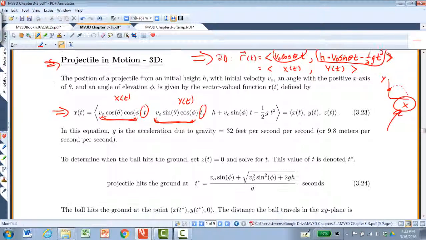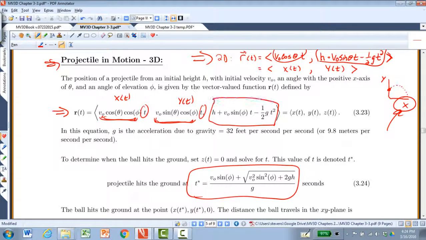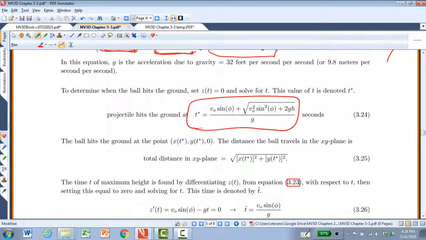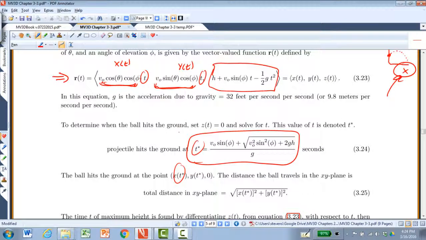Okay, and by the way, all of this stuff for the projectile in 3D, all of these formulas are identical. It hits the ground at this thing that we call T star. I derived it in the last video, but it's basically taking this height function, setting it equal to 0. That's when it hits the ground. The total distance, you figure out when it hits the ground, you plug that into your x function over here, plug that into your y function over here.